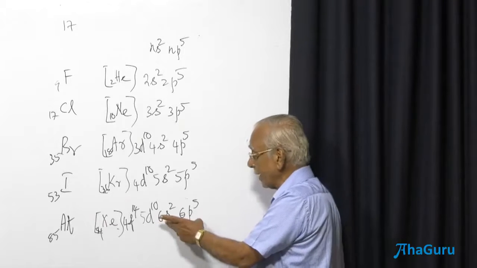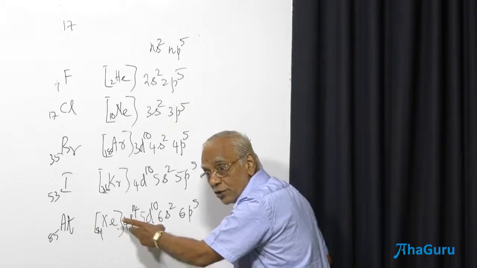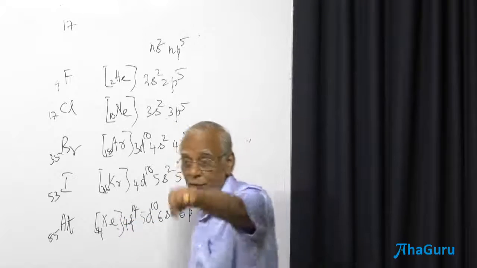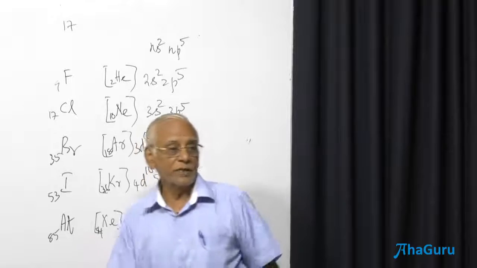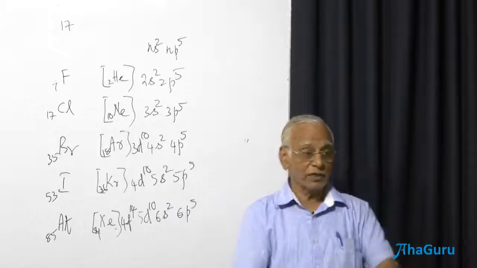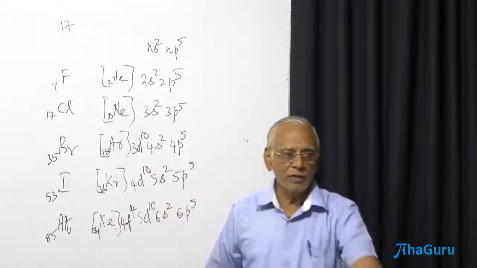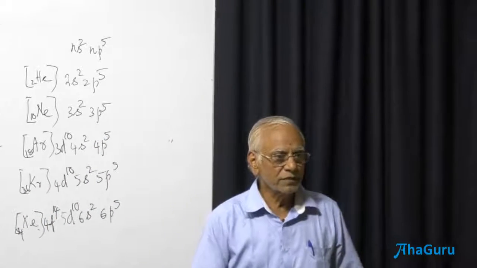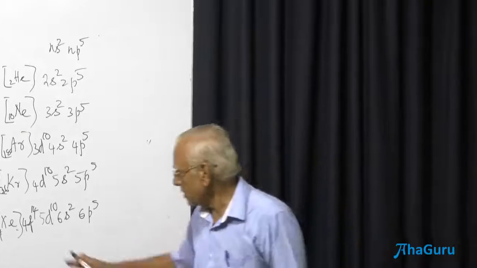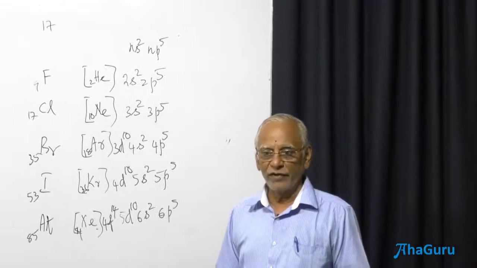Then probably I might take care of this after some time, in order to account for a peculiar property of that astatine. I need to know only these orbital structures. I am not at all interested in any other earlier electronic configuration. That is called xenon core. This is what is known as condensed electronic configuration.